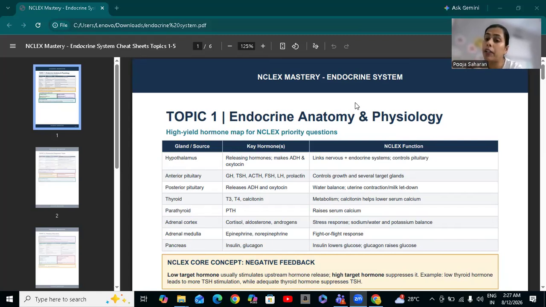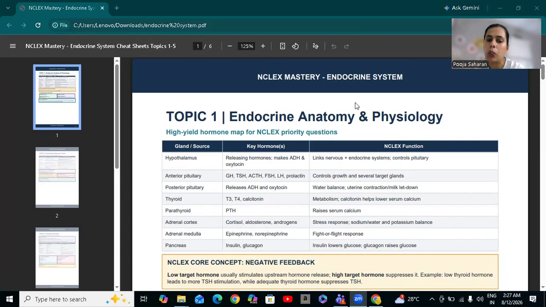The last one is the pancreas, which is very, very important from the NCLEX point of view. The pancreas secretes insulin and glucagon. These are two friends, and they always go together into the bloodstream. How they function in your bloodstream we will talk about when we discuss the pancreas later on.